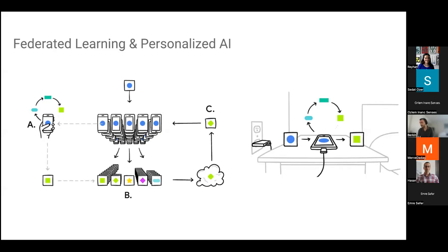But there are actually some new types of compute paradigms coming up, such as federated learning. The idea here is that, imagine this blue dot is your original network. You deploy it on all the different kinds of edge devices, and then as the users are using that network and collecting data, you could actually train the original network and update the network on device.